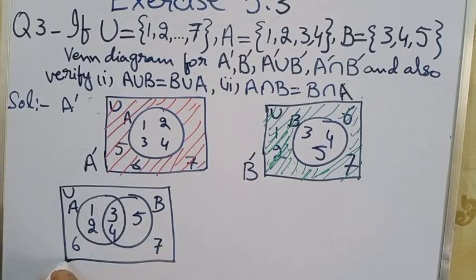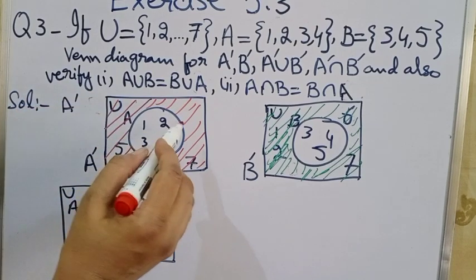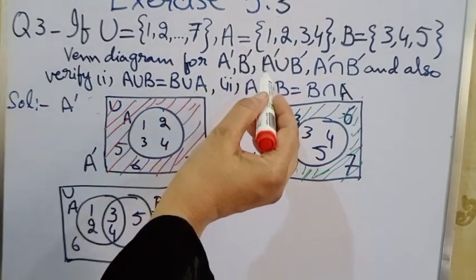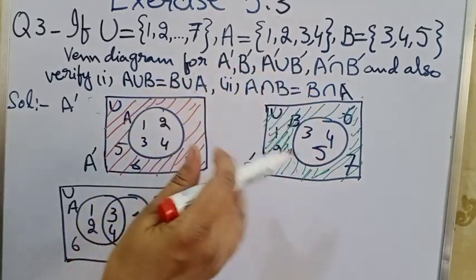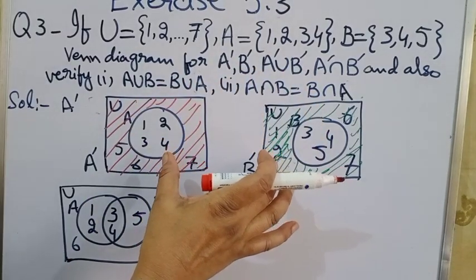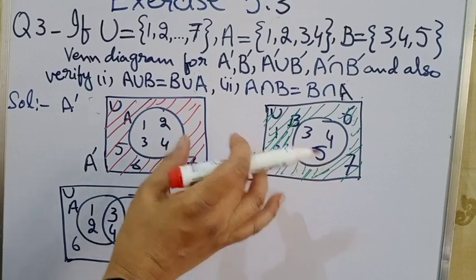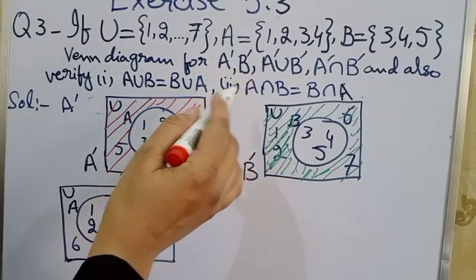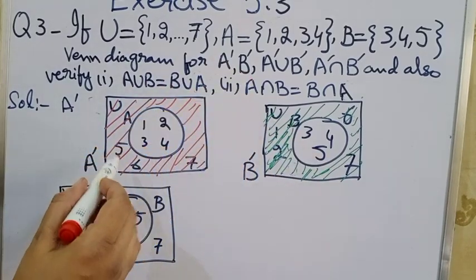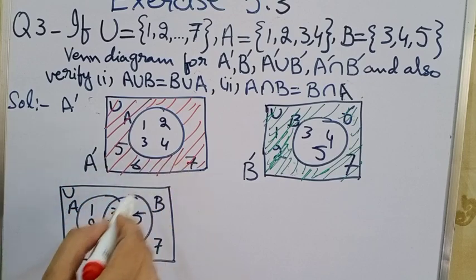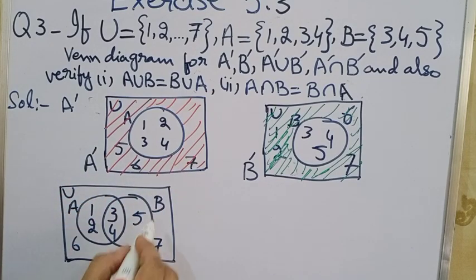This is the A complement set. We have to find A complement union B complement. It means the union of these two sets. We observe that A complement contains the elements 5, 6 and 7, so we color them.